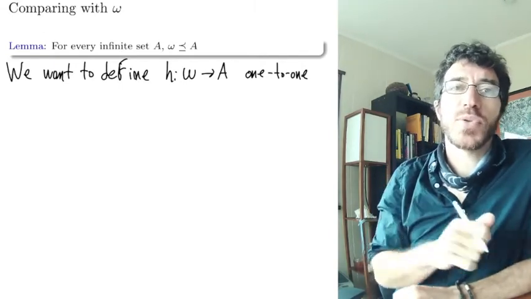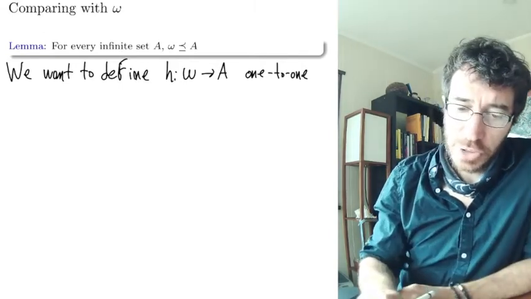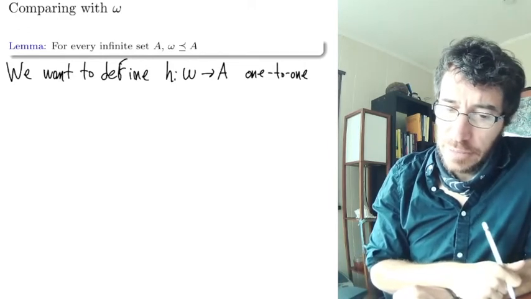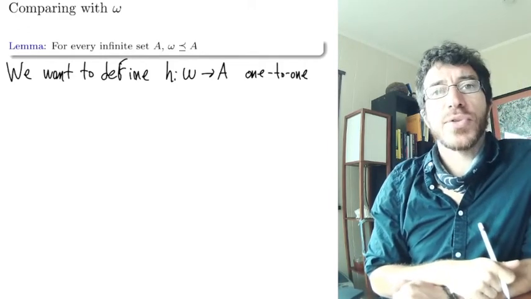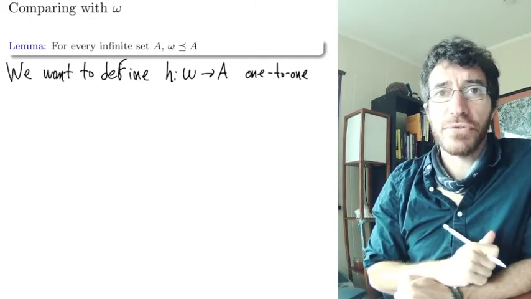So we do need to use the axiom of choice, actually a weaker version of the axiom of choice. But the axiom of choice is going to allow us to do the choosing. So let's do that first.